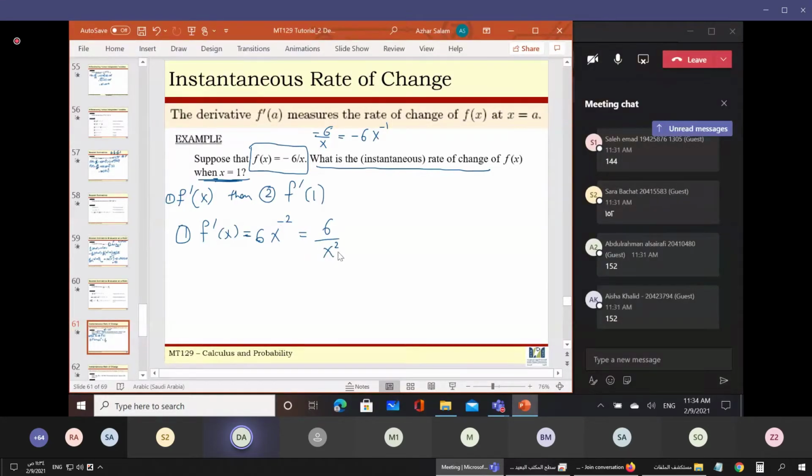Now the second step is to substitute the given value, which is 1. f dash of 1 is 6 over 1 squared, which is 6. Okay, the rate of change is 6. So the rate of change is 6 units per 1 unit for x. Each change in x of 1 unit will change 6 units for f, or for y.